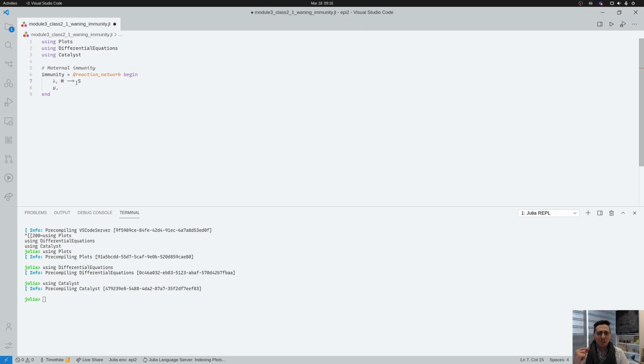The reason we're doing this one first is because reaction network models are going to order the name of the variables in the way they are introduced. And so because M is the first stage in the model, the first compartment in which we put individuals when they're born, we want that to be the first in the model.